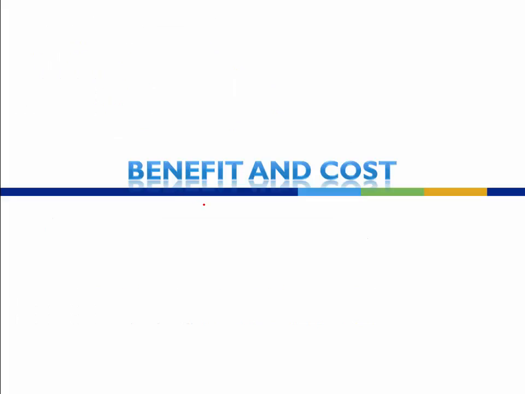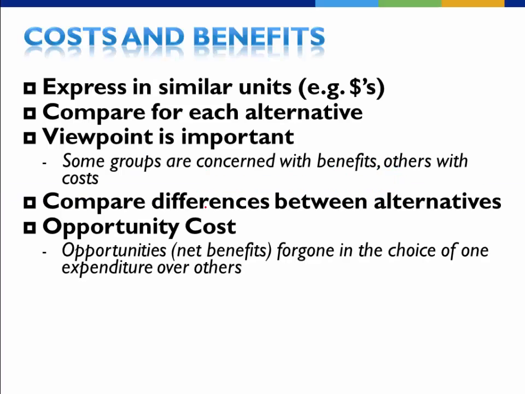So, benefit and cost. Let's talk about these two guides. First of all, we want to calculate these costs and benefits because we want to express things in similar units, and in this case it is dollars.